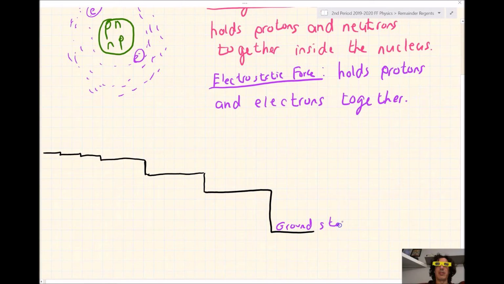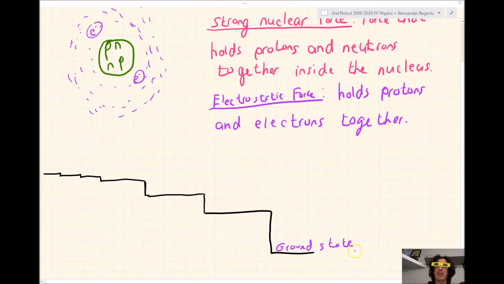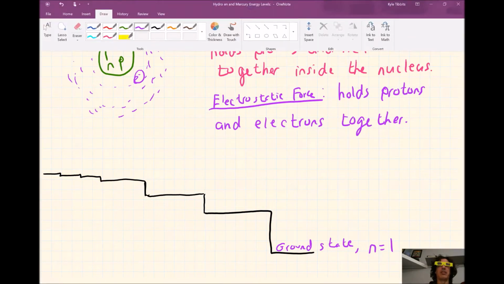The ground state. And the ground state is when the electron is as close to the nucleus as it can get. For the hydrogen atom, the ground state we call n equals 1. Any state above the ground state, so any step above there, is called an excited state.